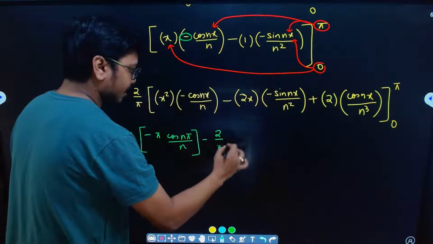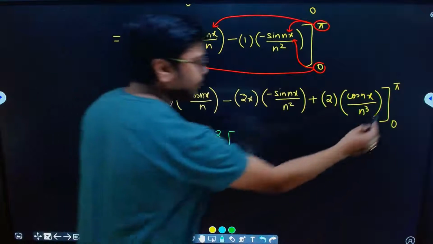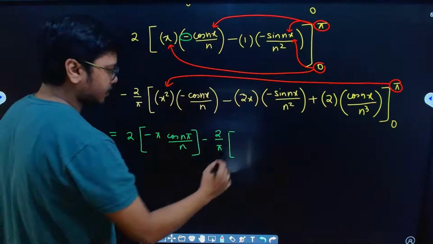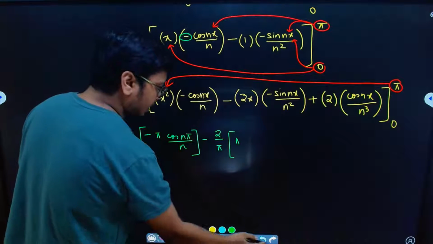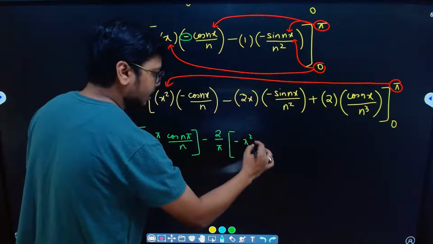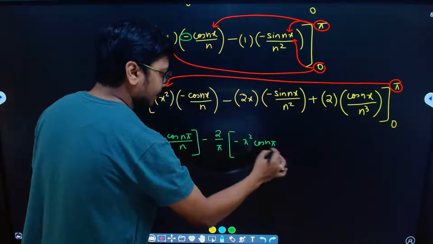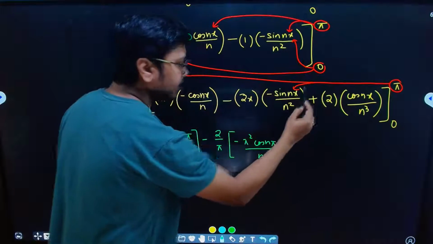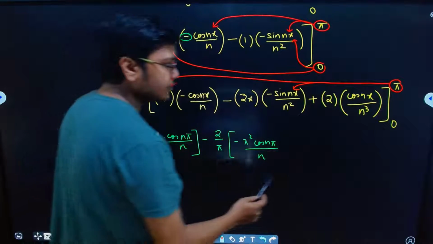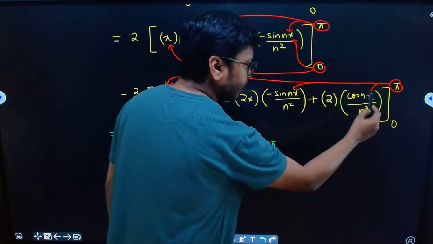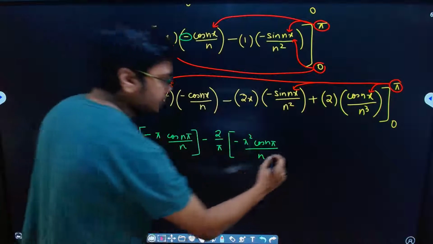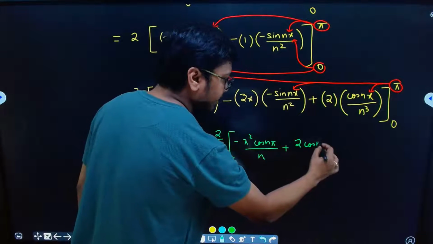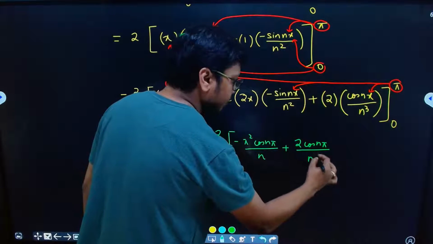Minus 2 by pi. Again putting pi over here in the first function, I will have minus pi square cos n pi by n. This is the first term. If I put pi over here in place of sine, it is becoming 0. If I put pi over here, then I will get another term. So the third term is going to be 2 cos n pi by n cube.